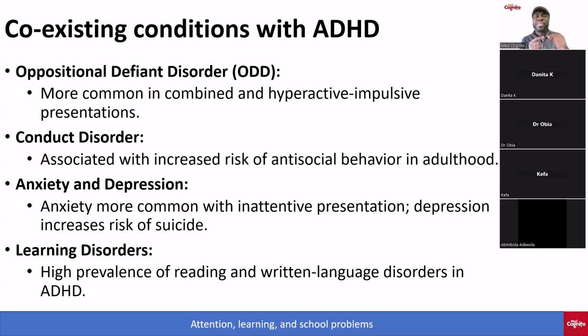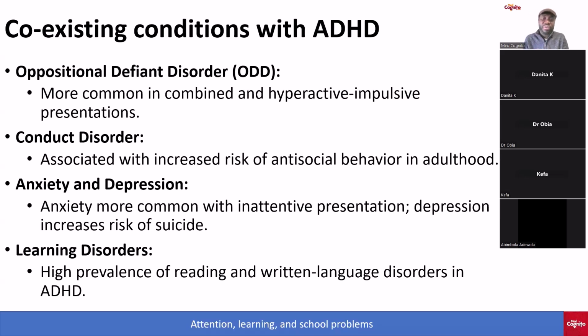It's associated with increased risk of antisocial behavior in adulthood. So the coexisting conditions are oppositional defiant disorder, conduct disorder, anxiety and depression. The anxiety and depression are more common with the inattentive type. So please remember that oppositional defiant disorder is more common with the hyperactive impulsive presentation, while anxiety and depression are more common with the inattentive presentation.